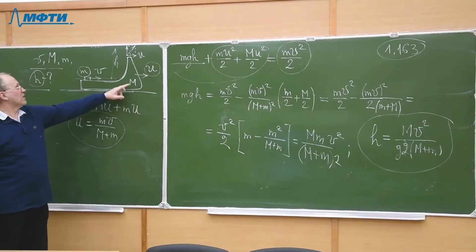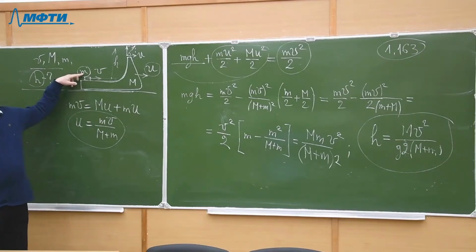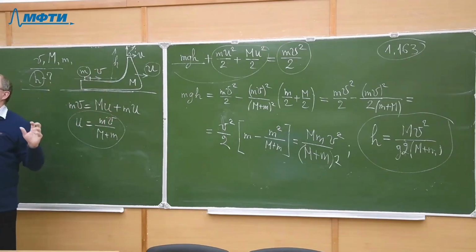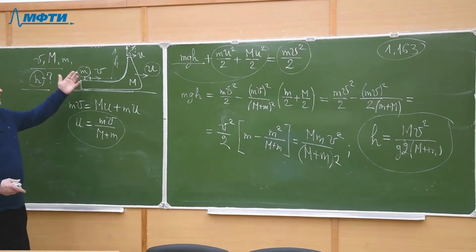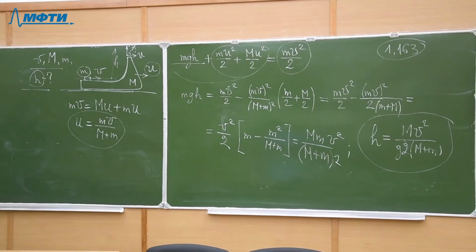Then we allowed small m to go to infinity and again analyzed the formula. Then we allowed for the velocity to increase or decrease and analyzed the formula. And each time what the formula gives you should coincide with your intuitive understanding of this situation. Any more questions?